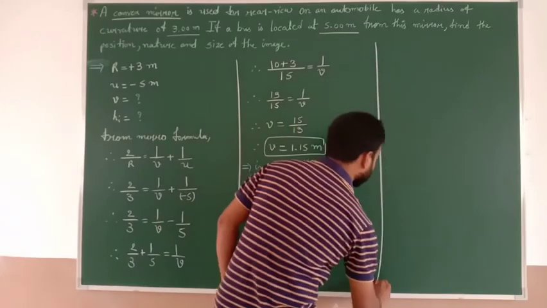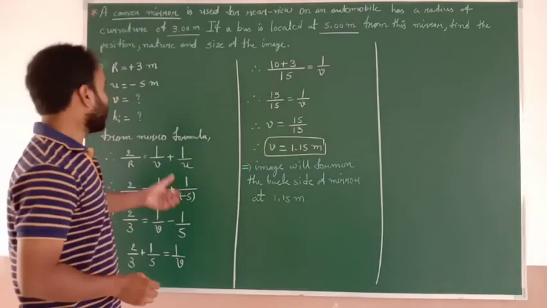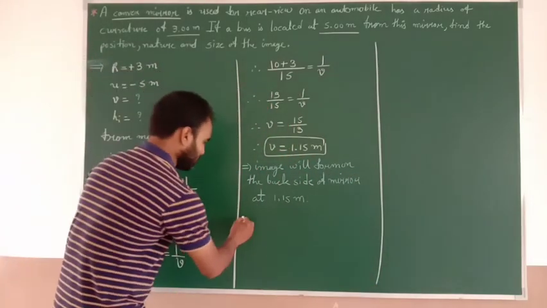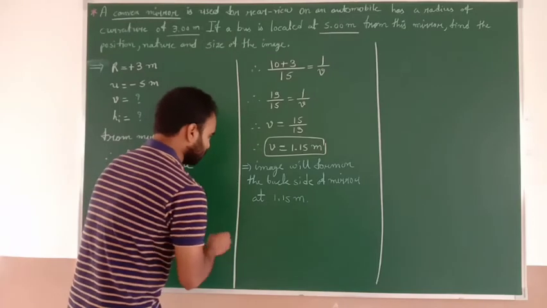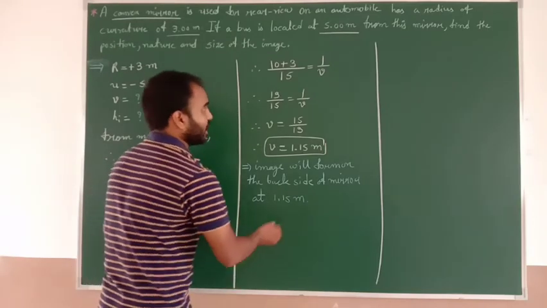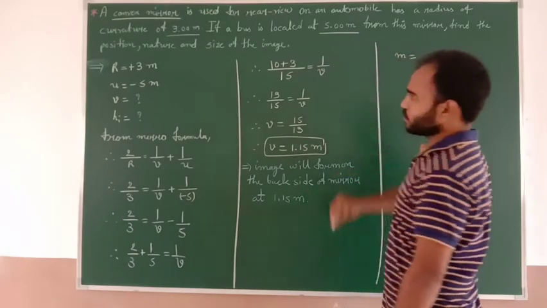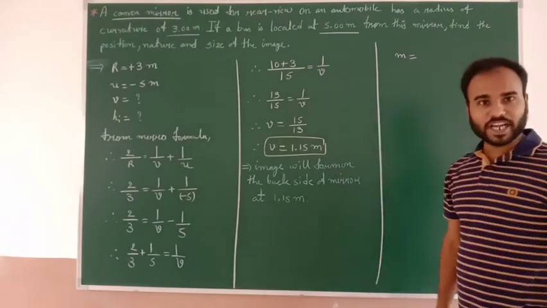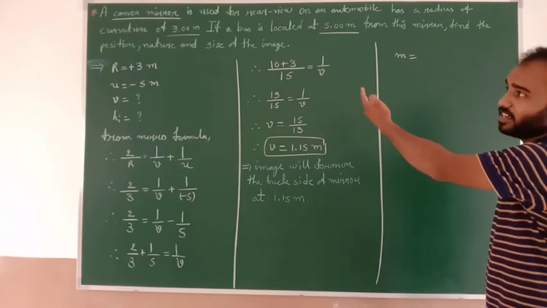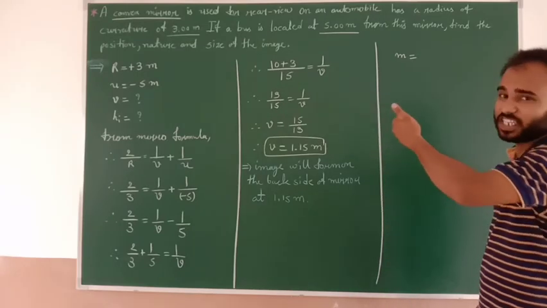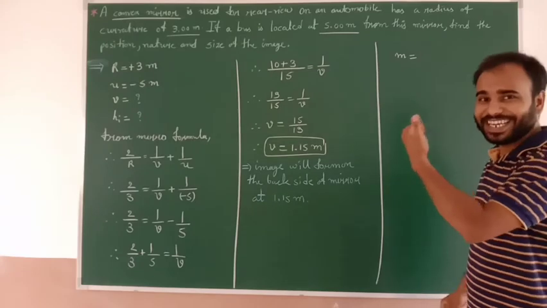Now we need to find the height of the image. So what will be the height of the image? For that we have the formula, m is equal to h dash upon h, but here nothing is given, not the object height, not the image height.